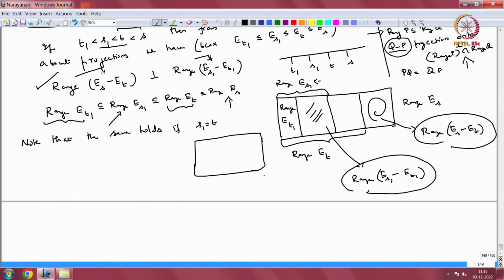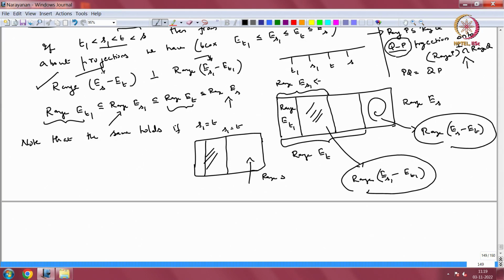So you will have range of E S, then S1 equal to T here, and something here. The same proof says that whatever is on this side would be orthogonal to whatever is here. So range of E S minus E T will be orthogonal to range of E T minus E T1.